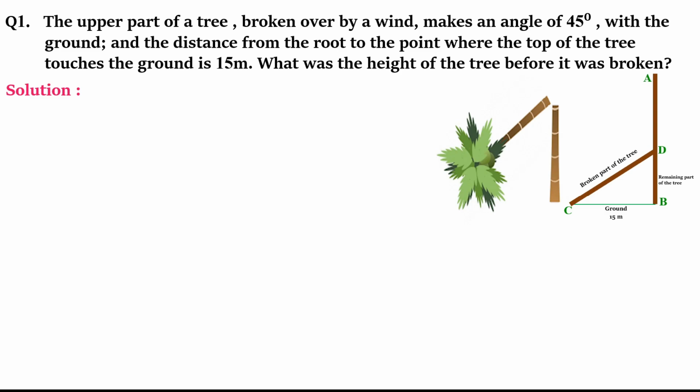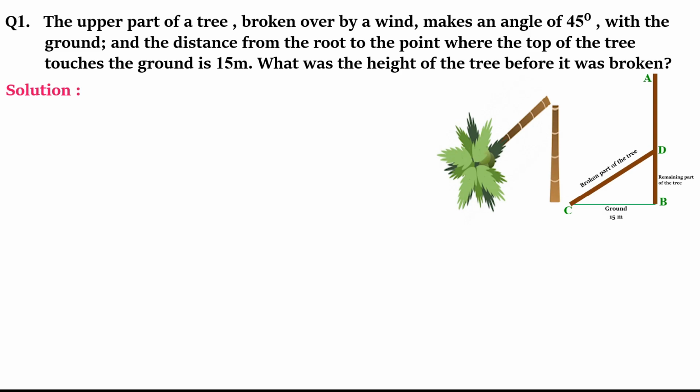As you can see, the original length of the tree is taken as AB, and the point at which it is broken is D, and the part which is broken up is AD. When it touches the ground, the topmost part A has become C. So CD is the broken part of the tree, which is actually AD.